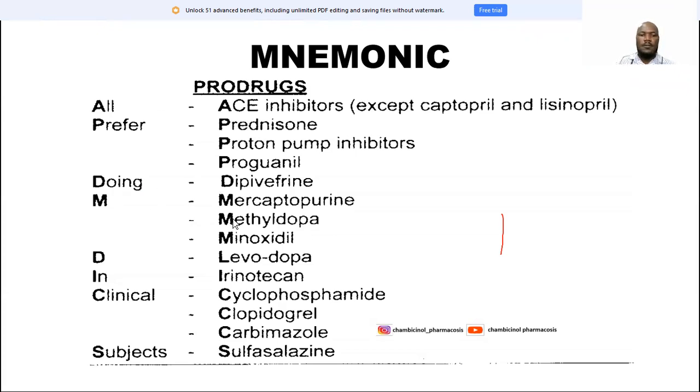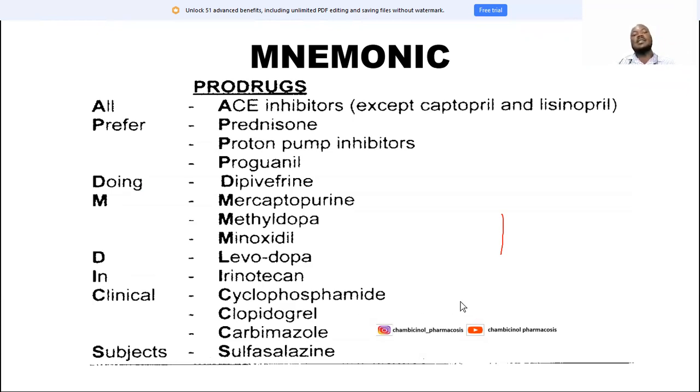The "M" stands for three drugs: mercaptopurine, methyldopa, and minoxidil. The "D" stands for levodopa. The "In" means irinotecan, and "Clinical" stands for three drugs: cyclophosphamide, clopidogrel, and carbimazole. "Subject" stands for sulfasalazine.